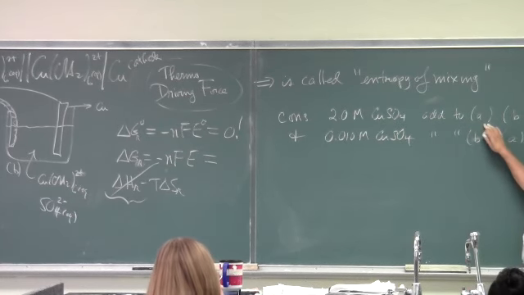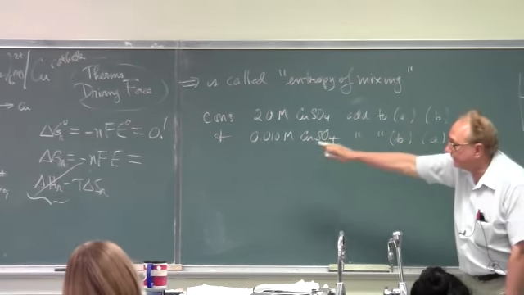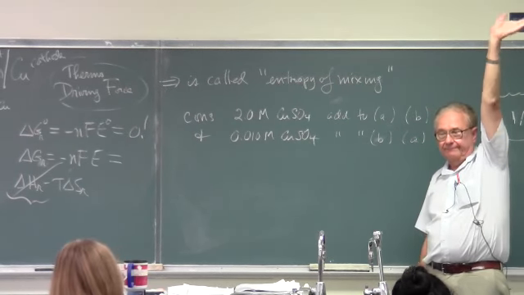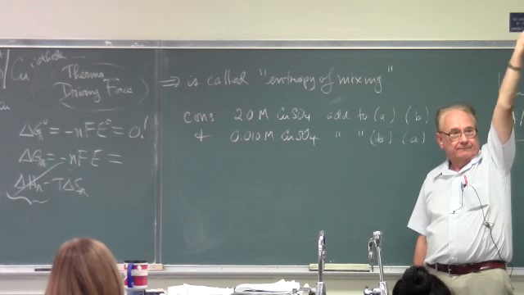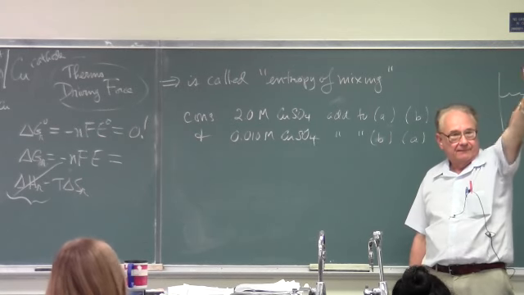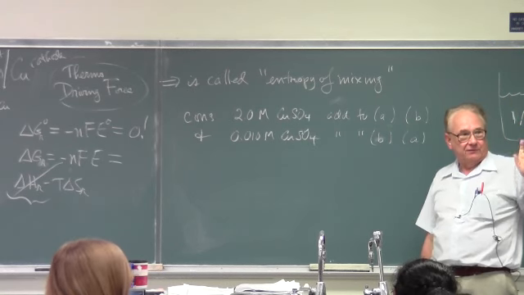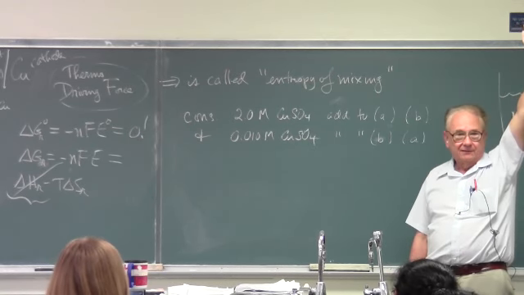Two molar copper ion. How many of you want to put it in half cell A? We got 1.5 votes. We got 2 votes.